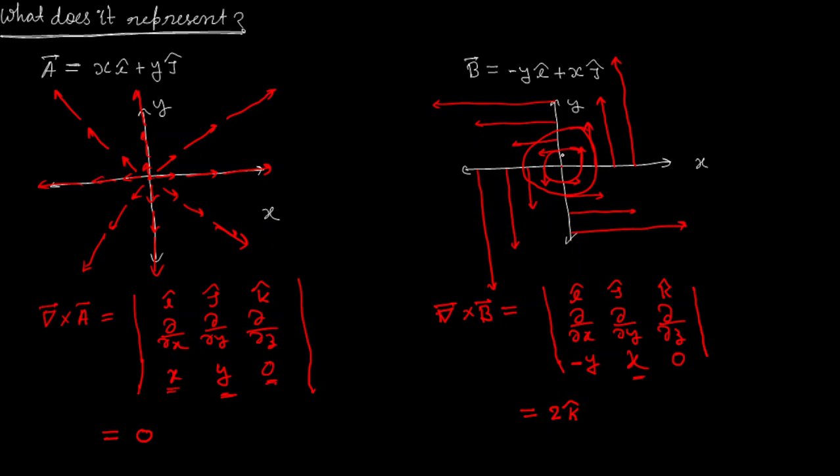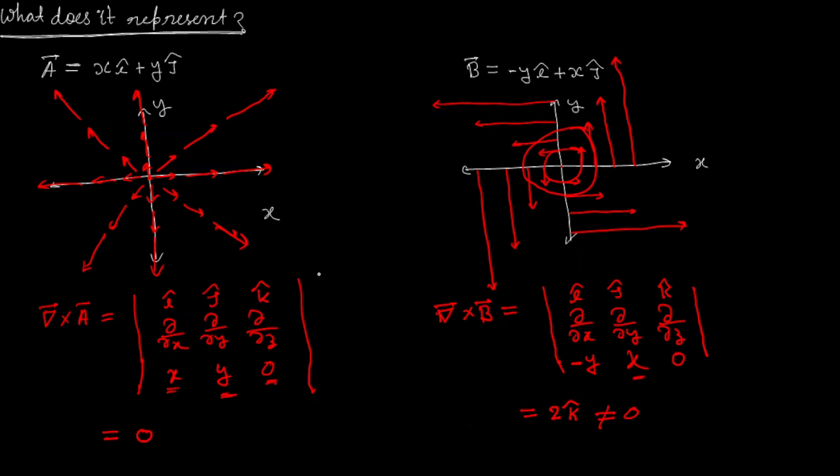When we take the curl of these vector quantities, for the first vector we get curl 0, but for the second vector we get a non-zero curl. So you can write this is non-zero.